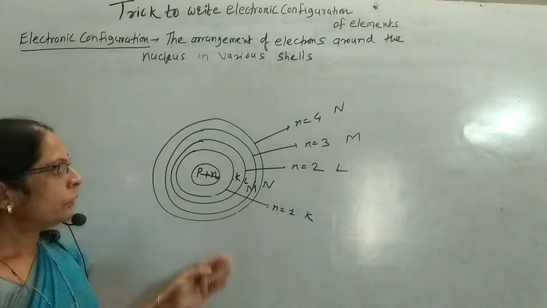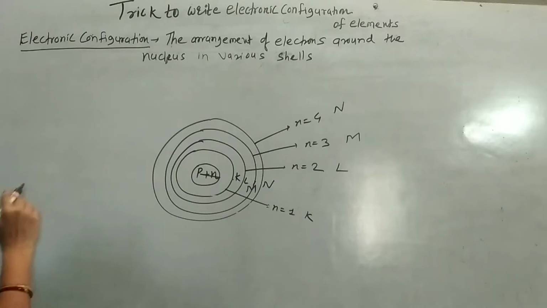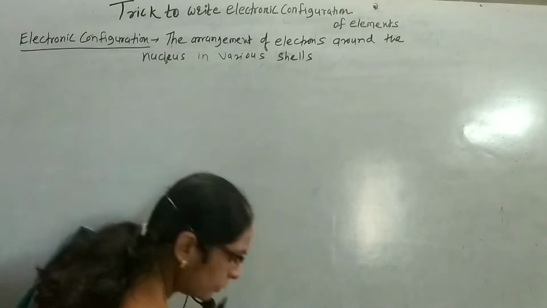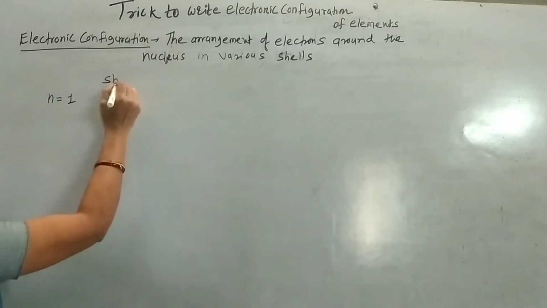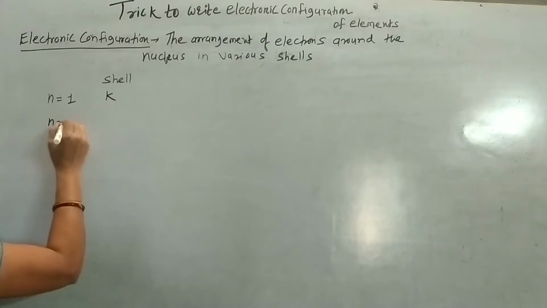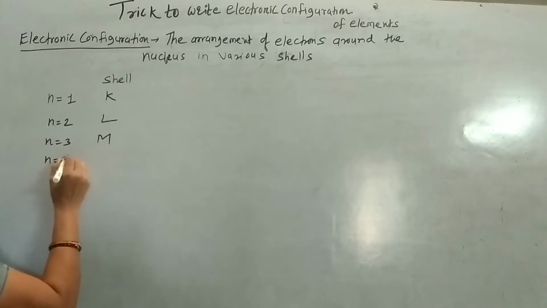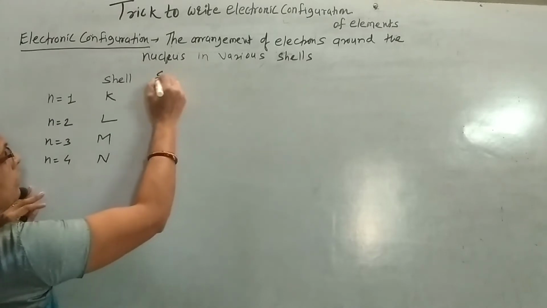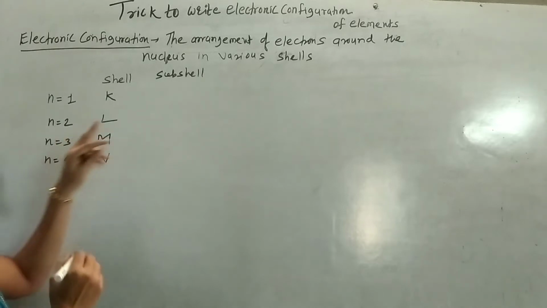It is observed that for every shell there is a subshell. For n equal to 1, the main shell, also called the energy level, is K; n equal to 2 is L, n equal to 3 is M, and n equal to 4 is N. For every main shell there are subshells.